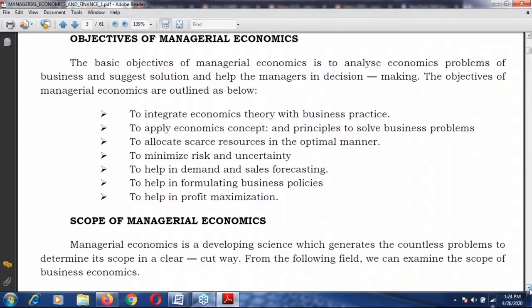Then conditions within the industry are also one of the factors that govern the demand forecast. Every business enterprise is only a unit of a particular industry, and its sales are only a part of the total sales of that industry.